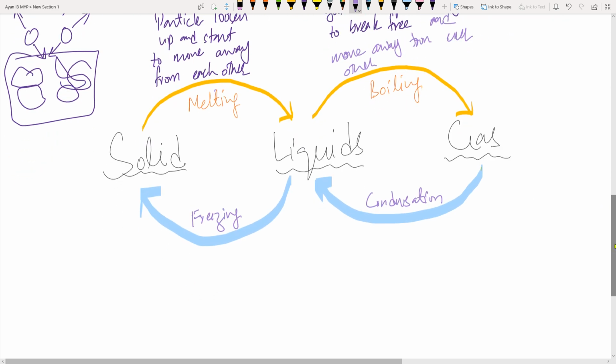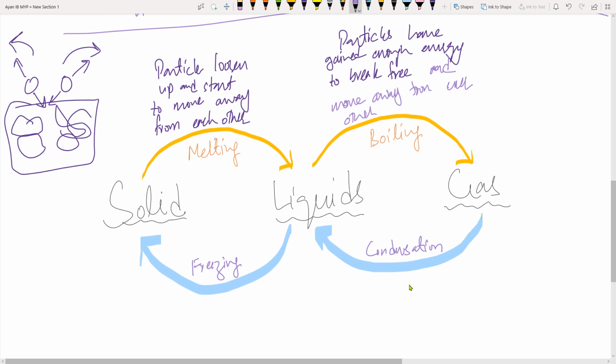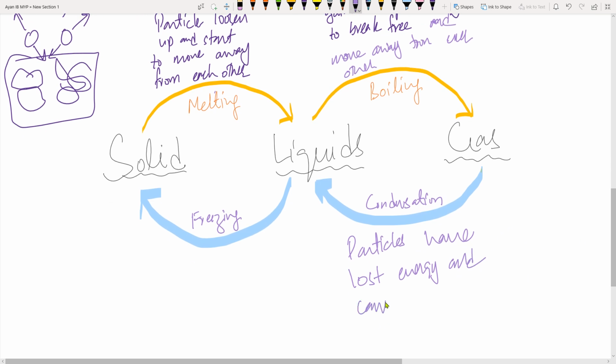So if we start condensing, that is going to be the opposite behavior. The particles have lost their energy and now they're coming together loosely. So we can say particles have lost energy and came loosely close to each other.